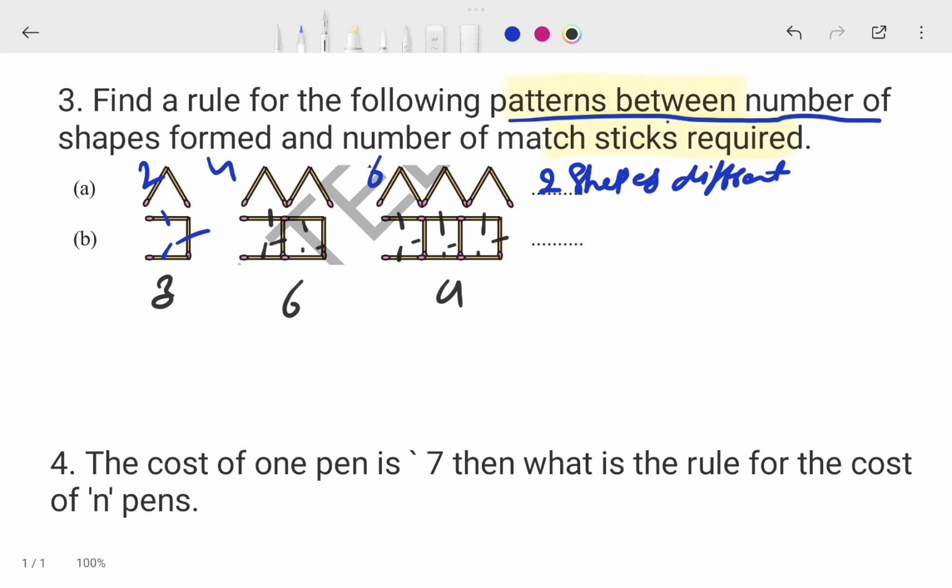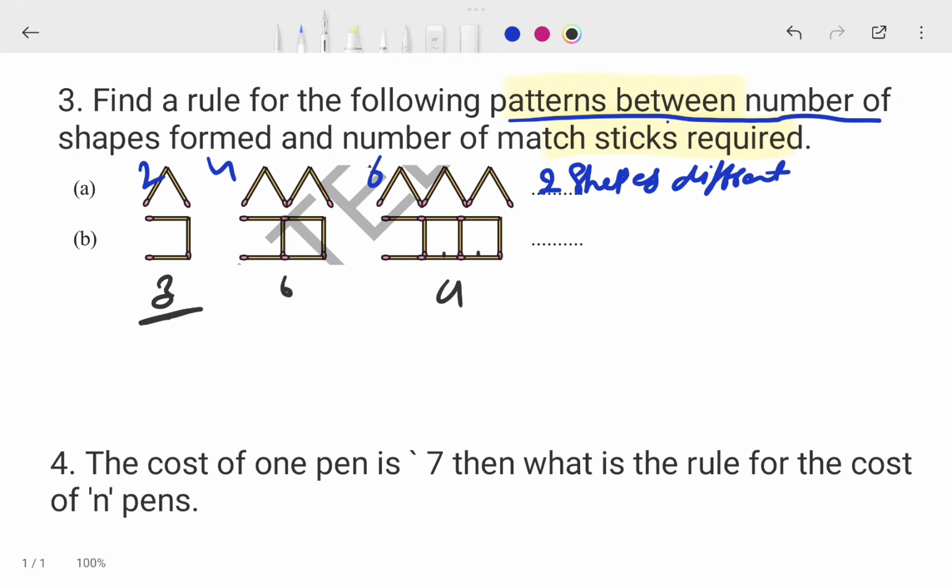Because there are 3 matchsticks now. If you add 3, it is going to be 6. Now 6 is there. If you add 3 to the 6, it becomes 9. So this second pattern is following the 3 pattern.